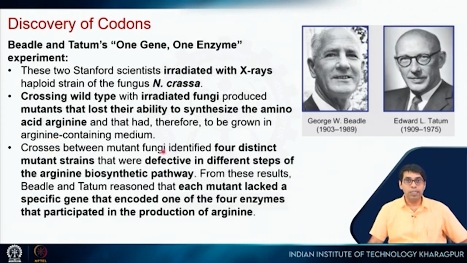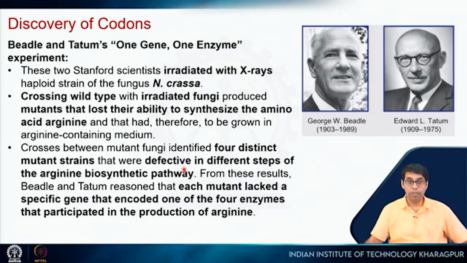Now crosses between these type of fungi produced 4 distinct mutant strains that were defective in different steps of the arginine biosynthetic pathway. So if you think of the arginine biosynthetic pathway, let's say there are 4 enzymes which are important, and they found that there were 4 different mutants defective in arginine production, which means that these mutations were in one of these 4 enzymes, right?